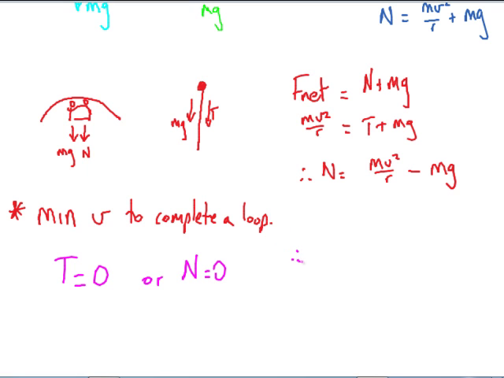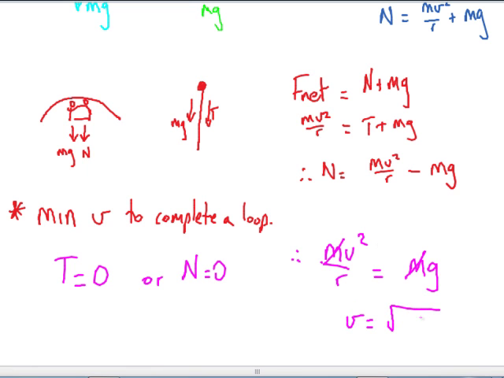And so therefore, mv squared on r must equal the weight force. It's solely the weight force applying the centripetal force at that very instant. So rearranging, divide by m, multiply by r, take the square root, v equals the square root of rg. That can be on your cheat sheet as a little reference. Minimum for roller coaster or string, v equals square root of rg.